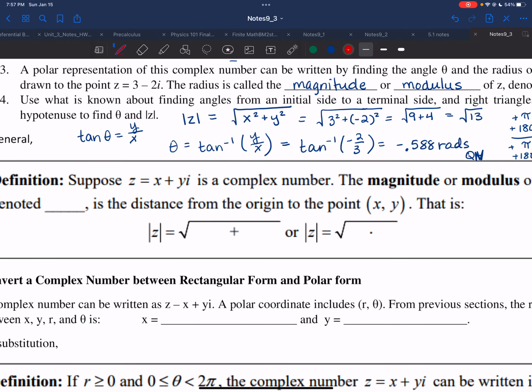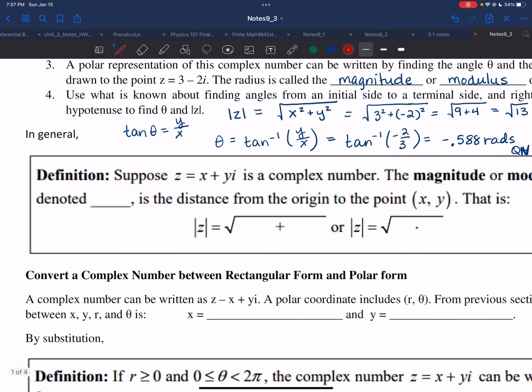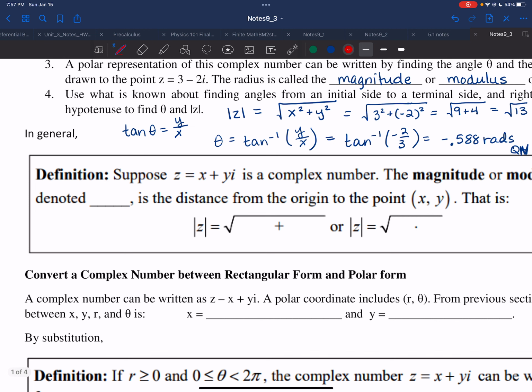Suppose z is equal to x plus yi as a complex number. The magnitude or modulus of z, denoted |z|, and we've already said this before, is the distance from the origin to the point (x, y). That is, |z| is equal to the square root of x squared plus y squared, or the square root of z times z bar.